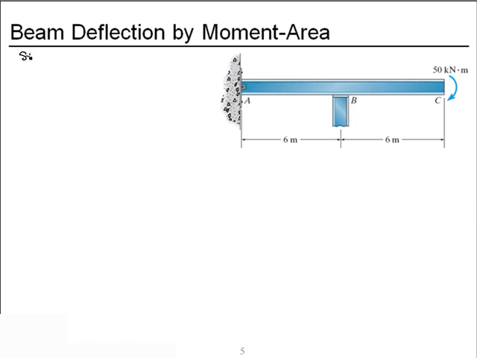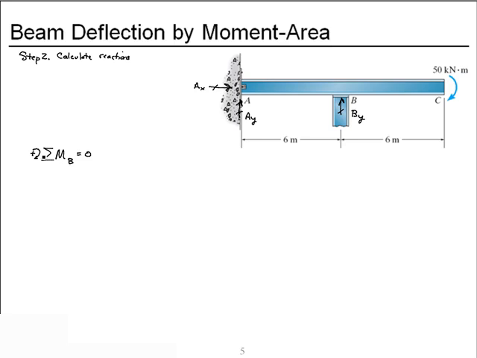Now let's calculate reactions, because we'll need those in order to construct the M over EI diagrams. We have a vertical reaction at A, a vertical reaction at B, and a horizontal reaction at A. Summing moments about point B, we can choose either direction to be positive, whichever suits our bookkeeping better.